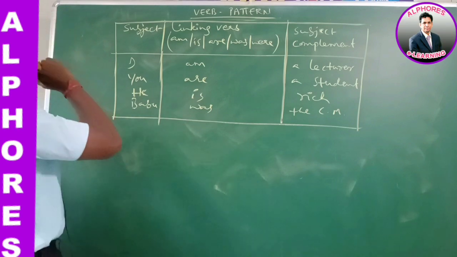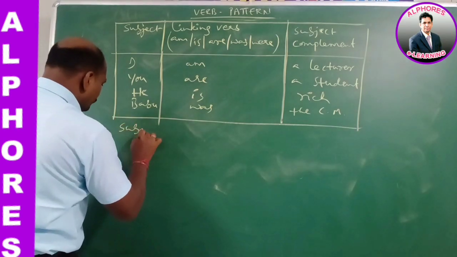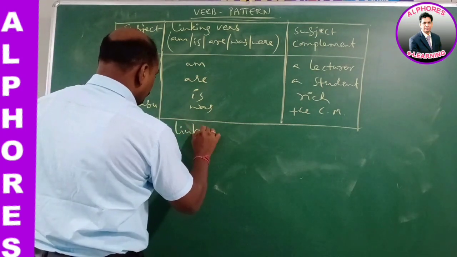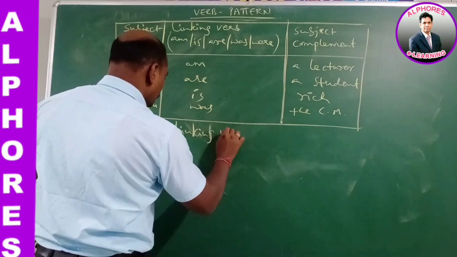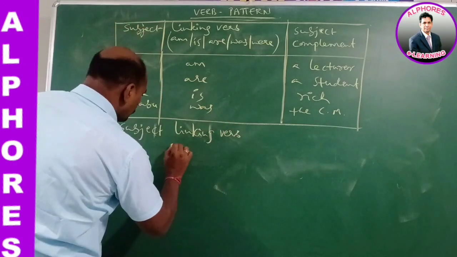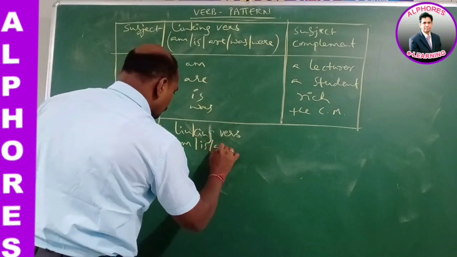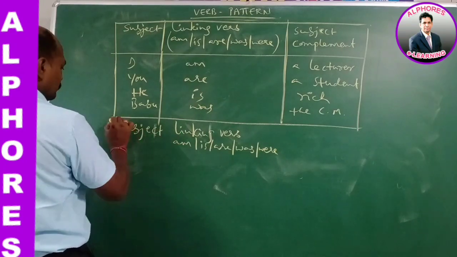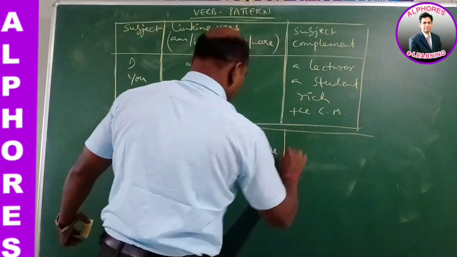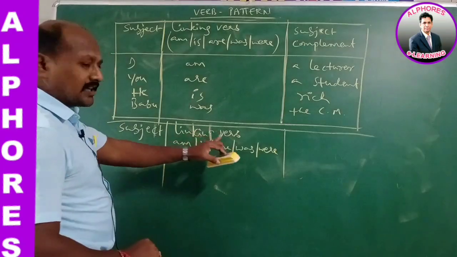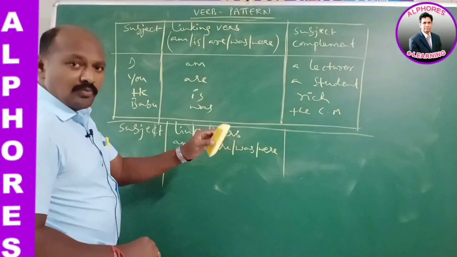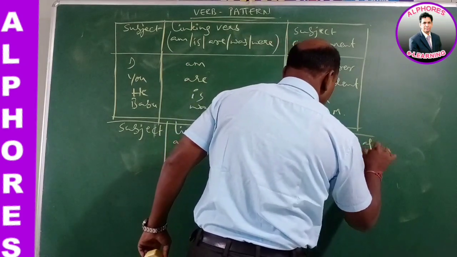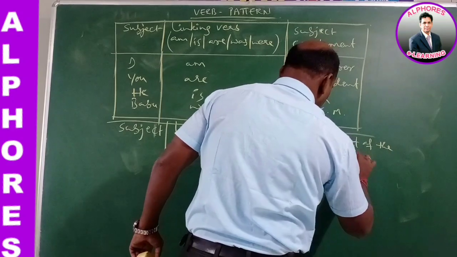Now let me tell you about the complement of the verb. Subject, linking verb, the same am, is, are, was, were, which are called B forms, and the complement of the verb.